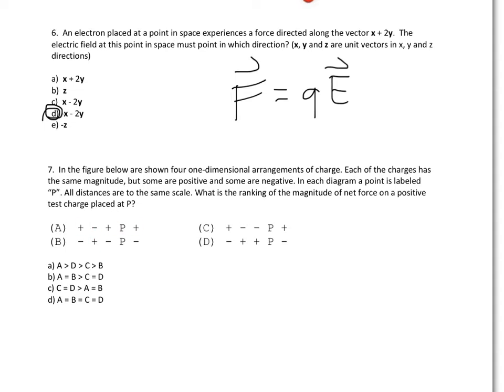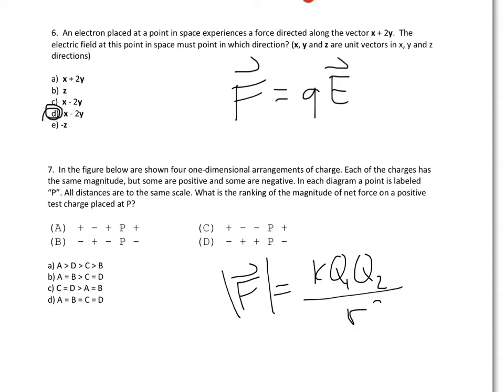Now if you think about it, the Coulomb force is proportional to the product of the two charges divided by the distance squared.